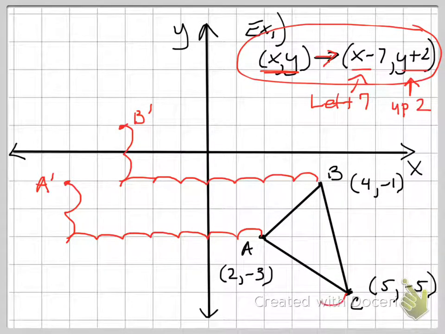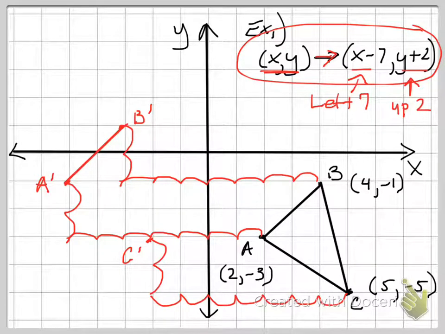C is the same thing: 1, 2, 3, 4, 5, 6, 7, then go up 2, 1, 2. Right there is my C prime. And if we connect all of those vertices together, you end up getting this transformation of x minus 7 and y plus 2. Hopefully I got those lines correct.